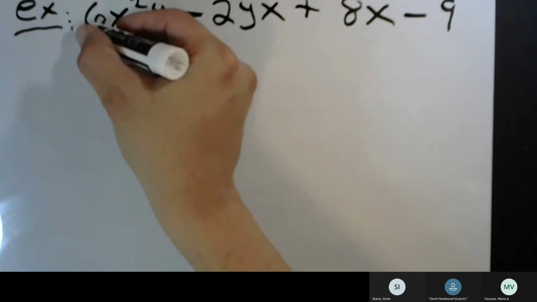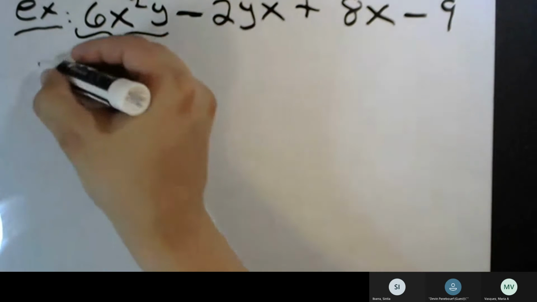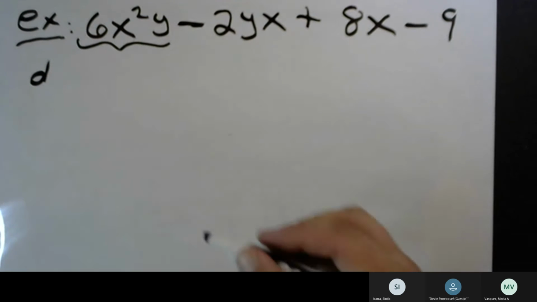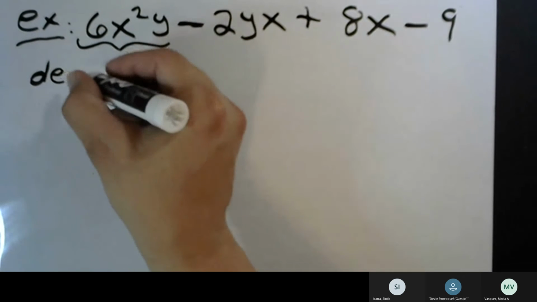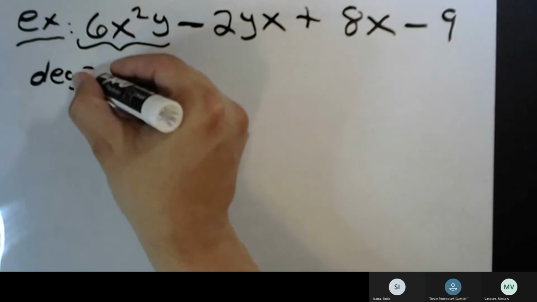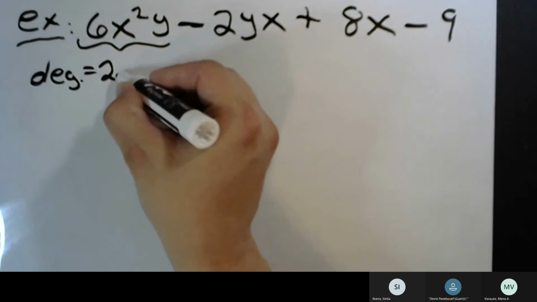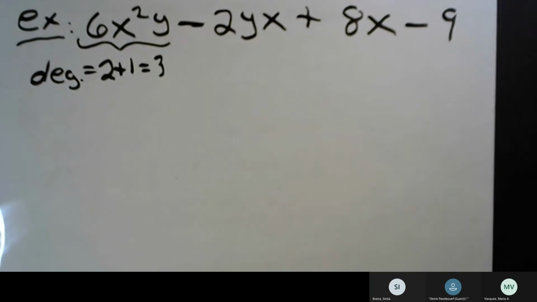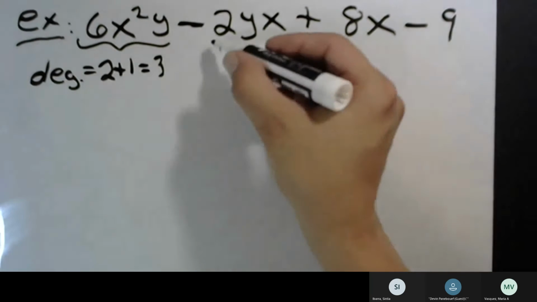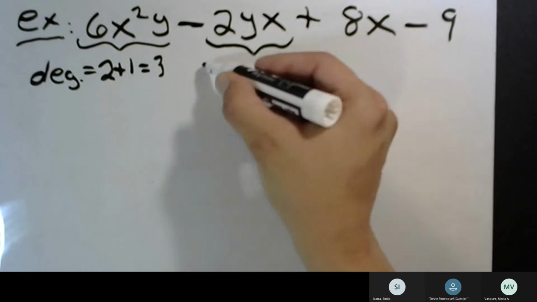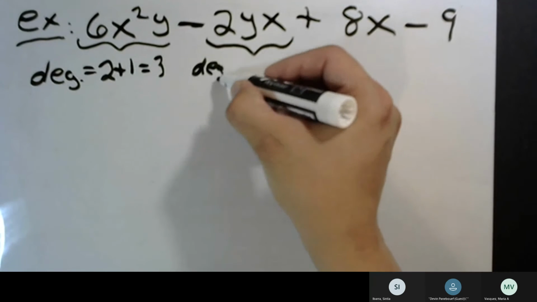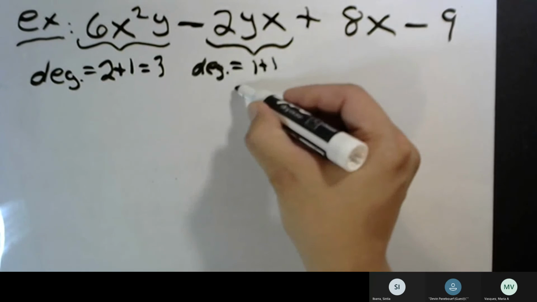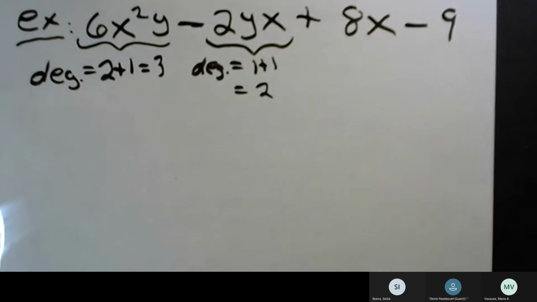Now for this, you go monomial by monomial, or term by term. Here the degree will be 2 plus 1, or 3. For this one, the degree is 1 plus 1, or 2.